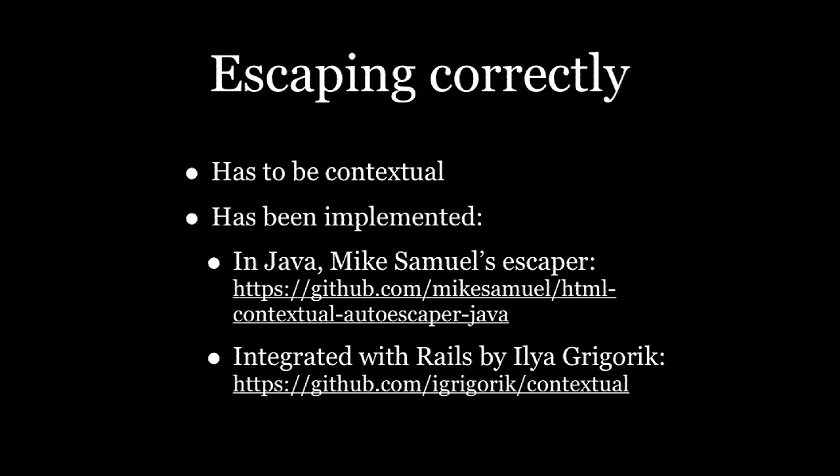And below, if you look at the contextual GitHub link, if you're using Rails and JRuby, then you can use contextual, which will use the above Java escaper to plug into ERB, or eRuby, and very transparently escape everything for you contextually. You don't have to do anything. You just need to include our Ruby file.